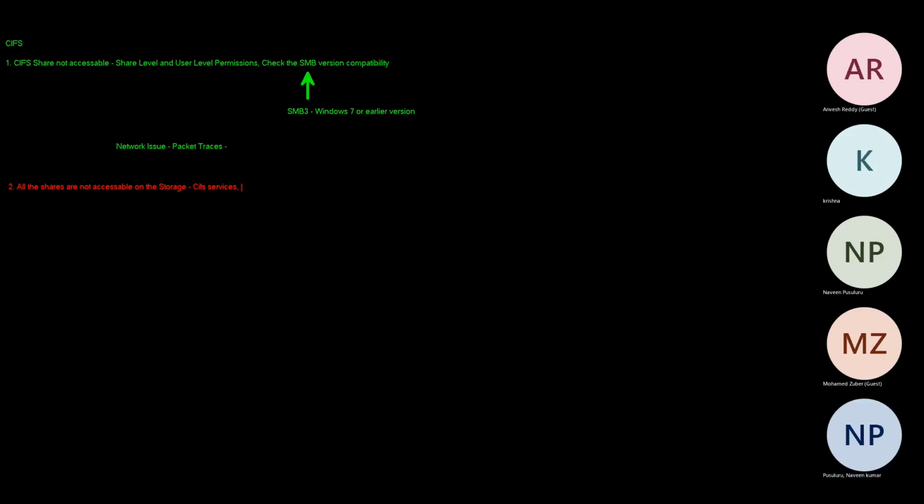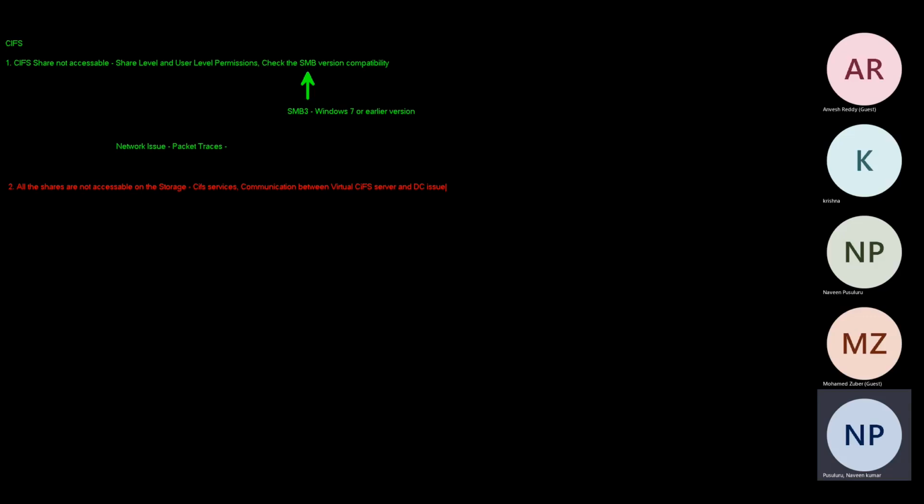then one more thing you need to check is communication between the virtual CIFS server and the domain controller. That means the virtual CIFS server that you configured on top of your vServer has lost communication with the domain controller.